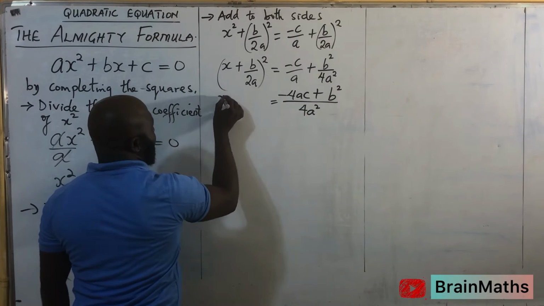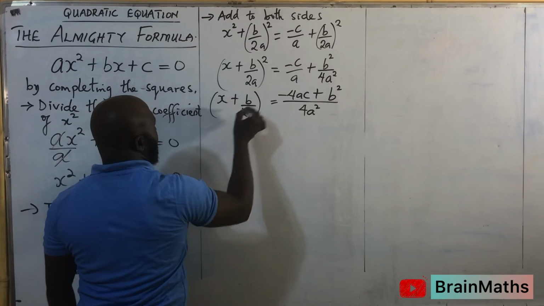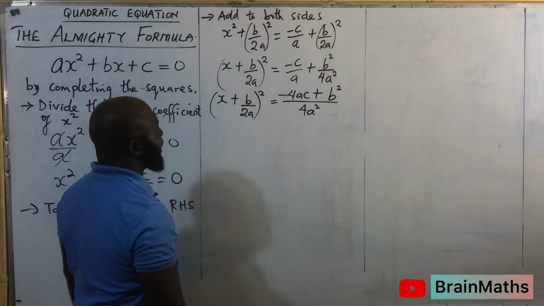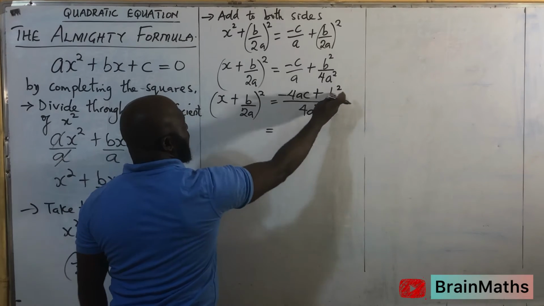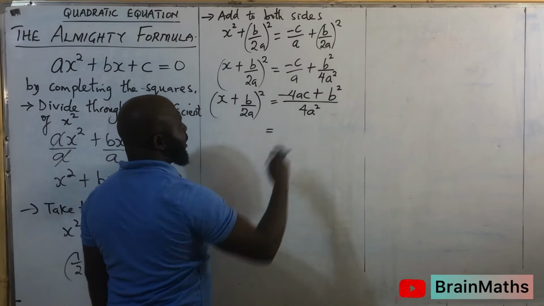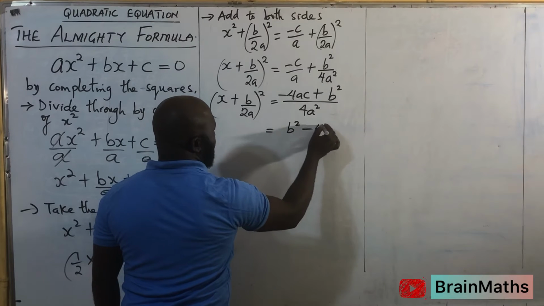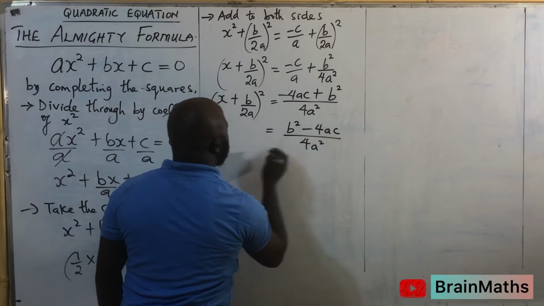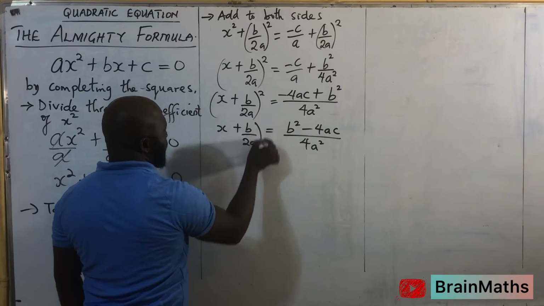Don't forget the left hand side, we still have our x plus b over 2a squared. So looking at the right hand side, it is better for us to bring the positive to the front and let the negative go inside. So we have b squared minus 4ac everything over 4a squared, which is equal to x plus b over 2a all squared.